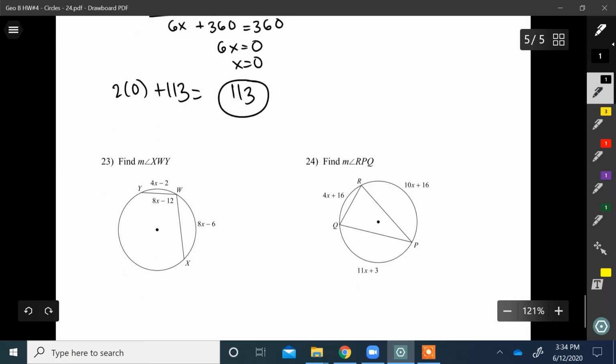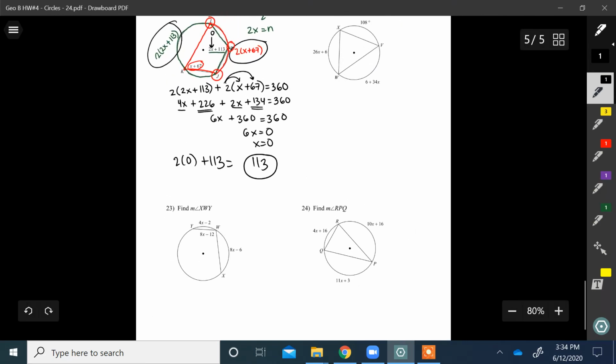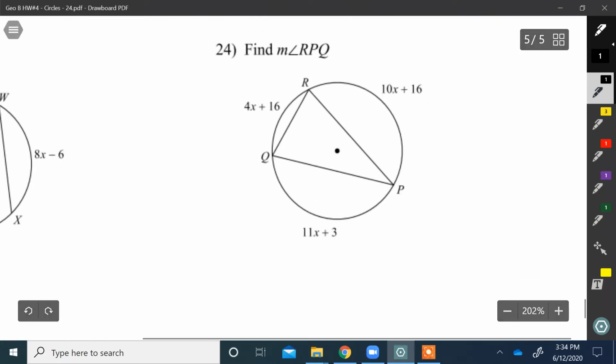I'm going to do one more. Let's see, I'll do one of the ones that looks the hardest. Number 24 is actually pretty hard. RPQ, I'll do that one.